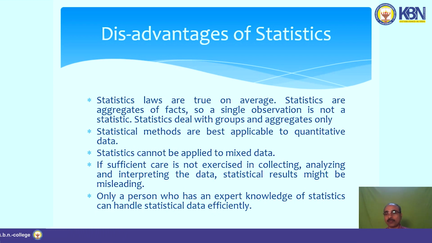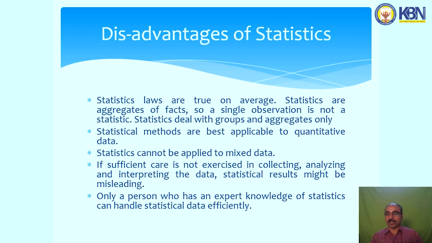When the second product is taken into consideration, a single consumer is enough to purchase that product. 150 we will get. If you calculate by quantity, the first product is purchased by 10 and the second product is purchased by 1. If the second product is purchased by 2, we will get 300. But the first product will get only 150.